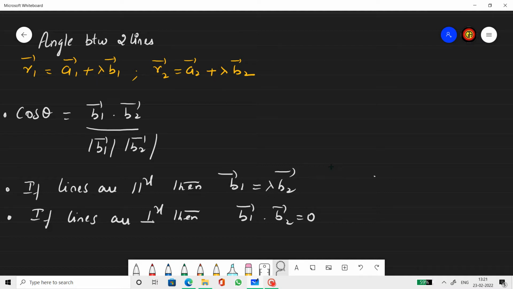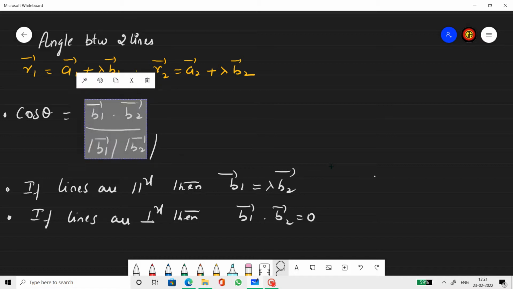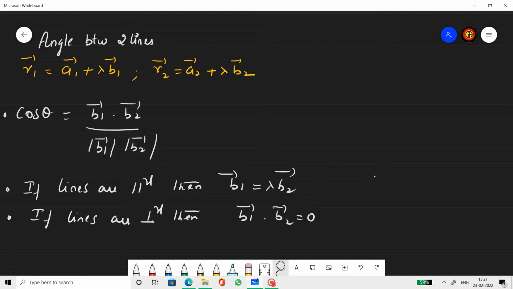You take the direction vectors and apply this formula to find cos of the angle between the two lines. What happens if the lines are parallel? B1 will be lambda times B2. And if the lines are perpendicular, the dot product of B1 and B2 is 0. Okay, so this is how we find the angle between two lines.